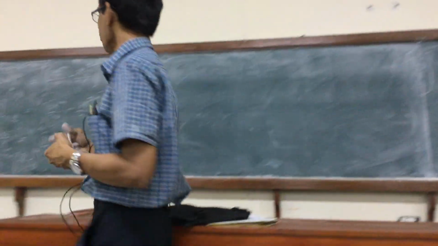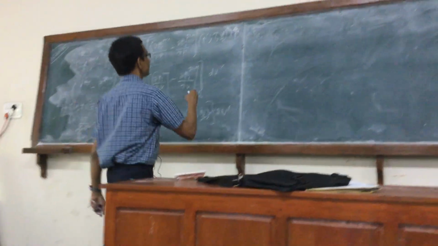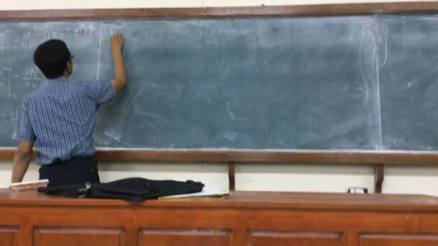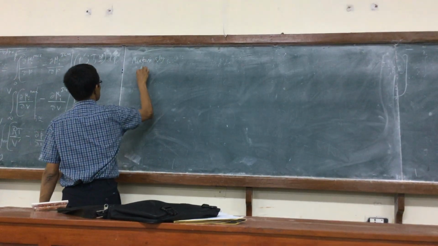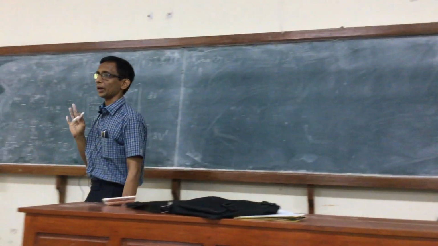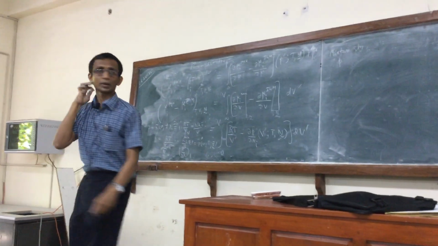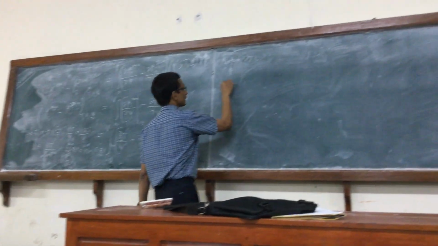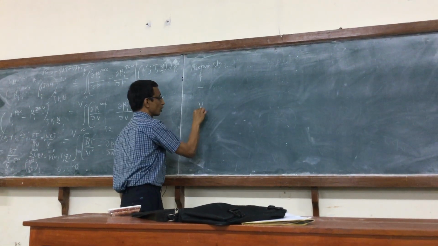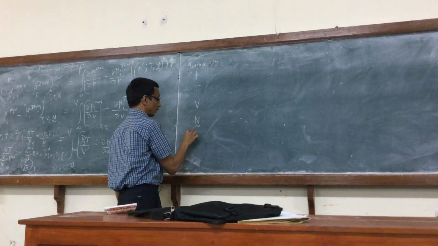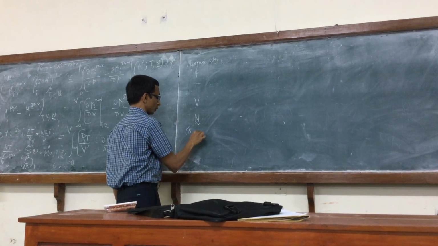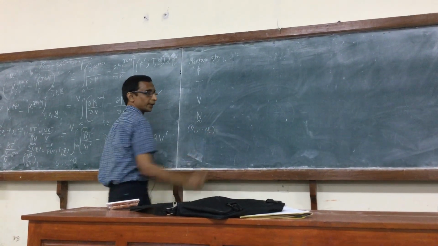In the same way now, for the mixture, the quantities are the pressure, which I am just going to call P, the mixture temperature T, the mixture volume V, and the mixture mole number vector N, which I will call N1 to Nc.